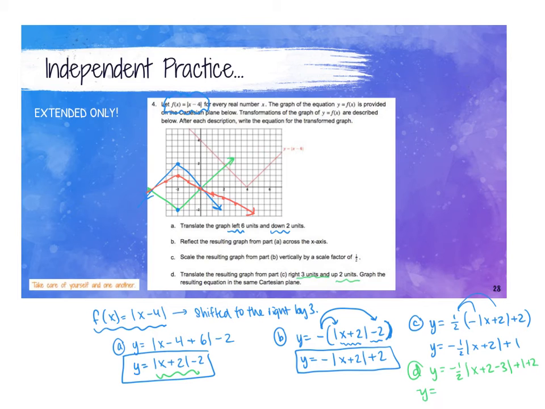So we end up with negative 1/2 absolute value of x minus 1 plus 3. So this moved 3 to the right, so it's over here at minus 1, and then up 2, so it's up here, and then the slope is 1/2.